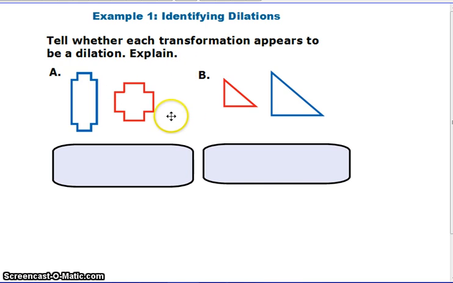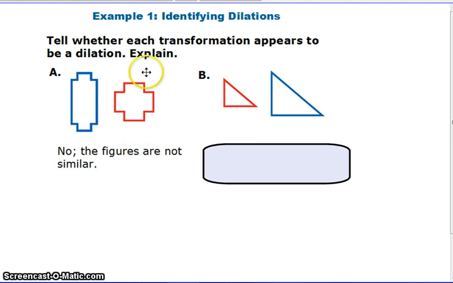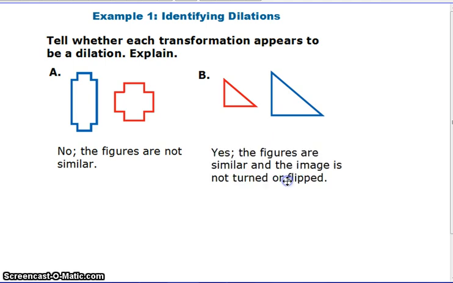So tell whether we have a dilation or not. Does this blue to red appear to be a dilation? Not. We have long blue sides and then we have shorter, right? But the little ends appear to be kind of, I don't know if they're even really similar. How about in part B, what would you say? Sure, they look similar. The figures are similar and the image is not turned or flipped. So simply a dilation.